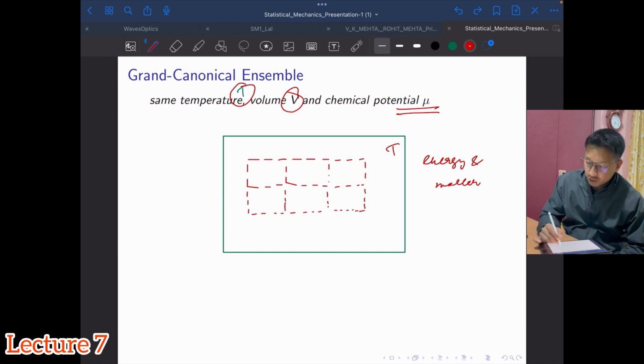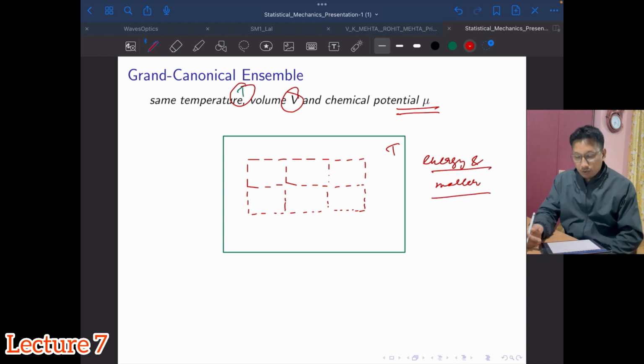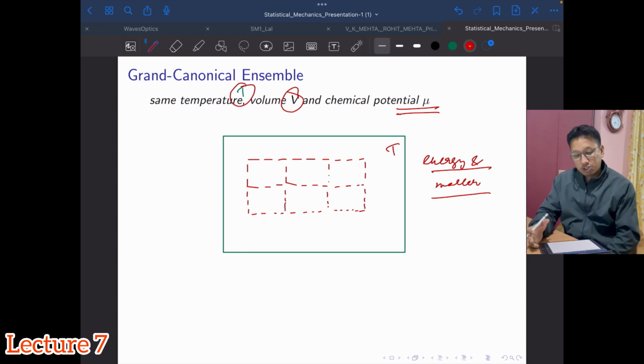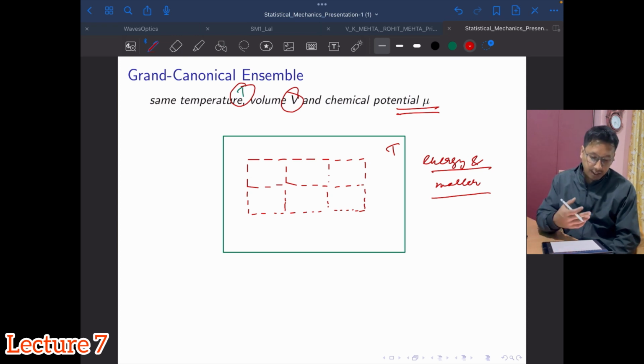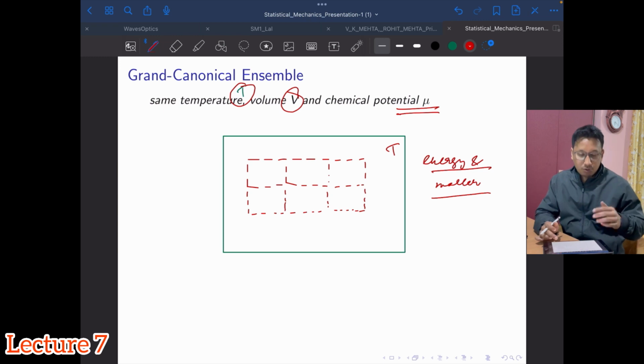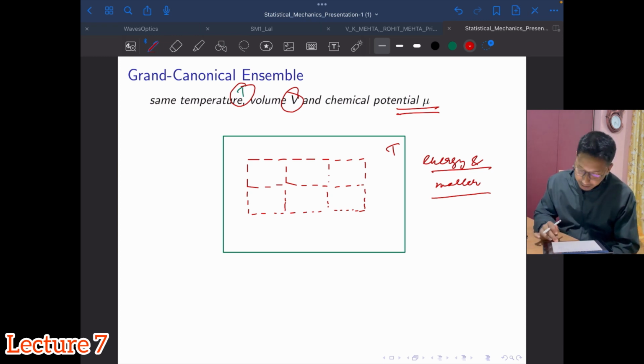Depending upon the situation, we shall take up the problem using whichever ensemble is suitable to carry out the experiment, or to apply the theory of statistical mechanics.